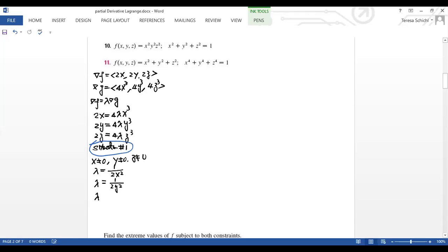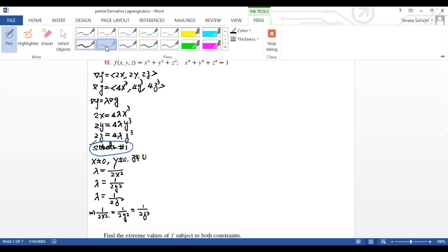And then the third equation, you can get lambda is 1 over 2z squared, right? Because all of these are lambdas, I can say 1 over 2x squared equals 1 over 2y squared and equals 1 over 2z squared, right?